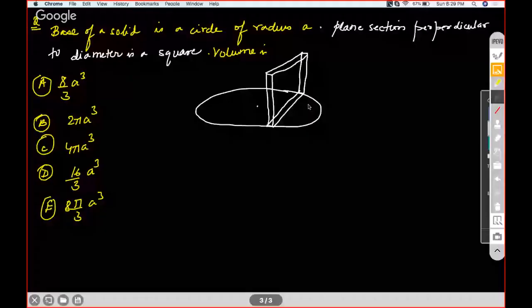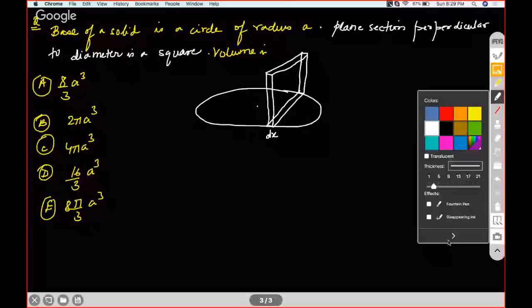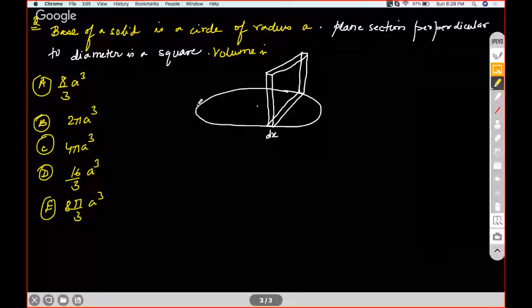This is your dx. Okay, and this plane that you have made is perpendicular to the diameter.